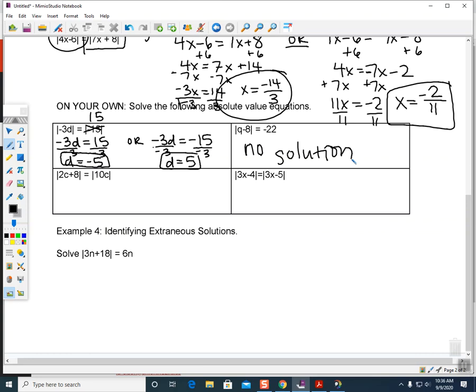All right. Next one is going to look like this. Here we go. 2c plus 8 equals 10c, or 2c plus 8 equals negative 10c.